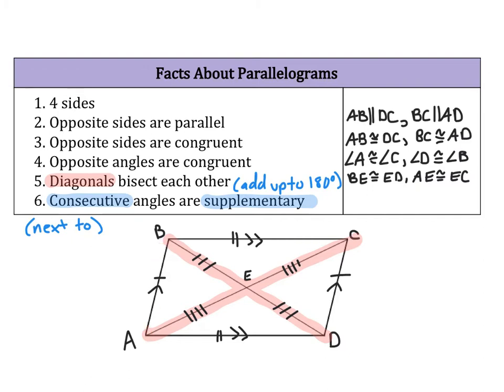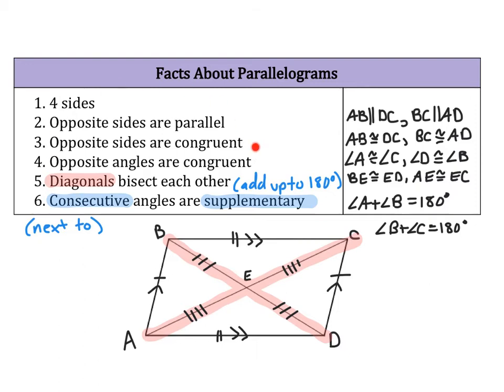A and B are consecutive, B and C, C and D, and D and A are consecutive. Remember, it means next to. So we could say that angle A plus angle B equals 180, because they're supplementary. We could also say that angle B plus angle C equals 180.